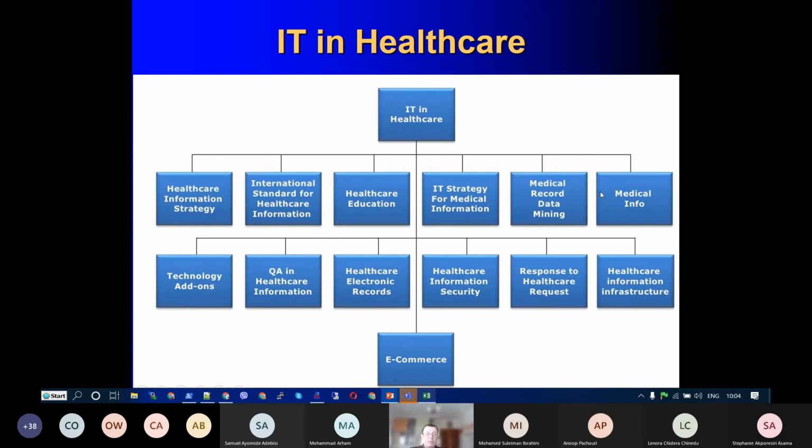But we have a number of scientific and practical applications, for example quality assurance or the development of various strategic management solutions, building up healthcare information infrastructure, analyzing general medical data, implementing data mining, developing IT strategies for medical information, and even building information security solutions to protect patient personal data.